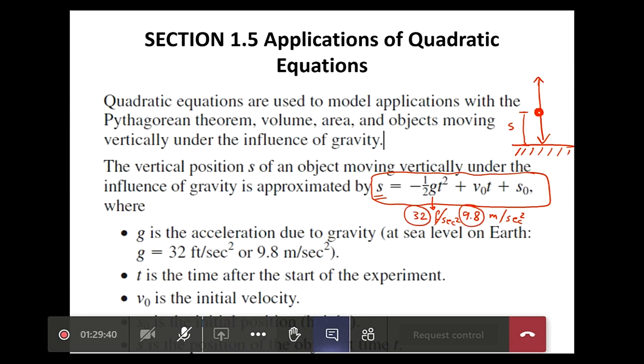This is the value of g, the gravity. Plus v naught. v naught, this is the initial velocity, the initial speed at which the object is thrown. Okay. And s naught, the initial position.